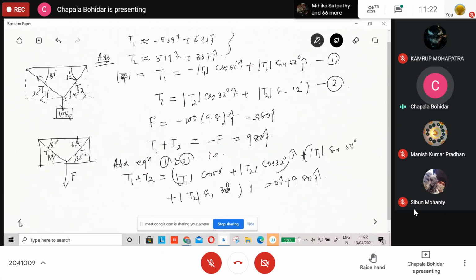So from this example, you may get the third multiple choice question: what is the sum of T1 and T2? That is the resulting force minus F, which is 980 j cap. You can write the answer in the component form of T1 and T2. I think you will get this type of sub-question.